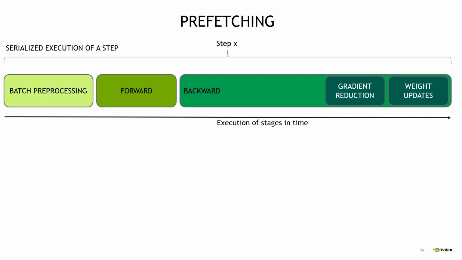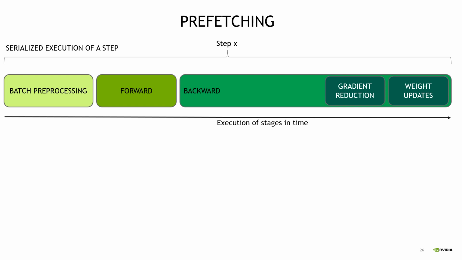What is important with DALI is that you can also do prefetching. So you can start prefetching data while the training of your network is going ahead. And why is this possible? Because this is a common sequence of steps that you go across every epoch. So you do batch pre-processing, the forward pass, the backward pass, the gradient reduction, and the weights update, for instance.